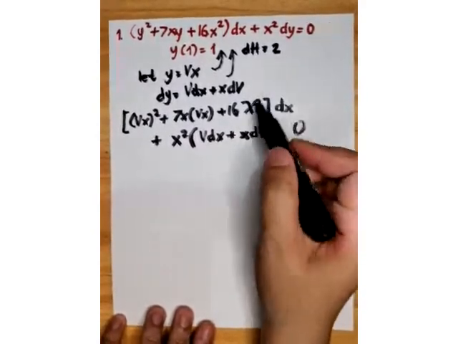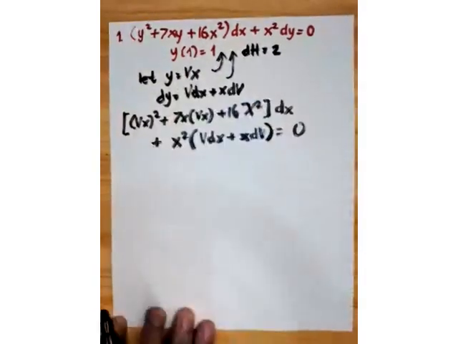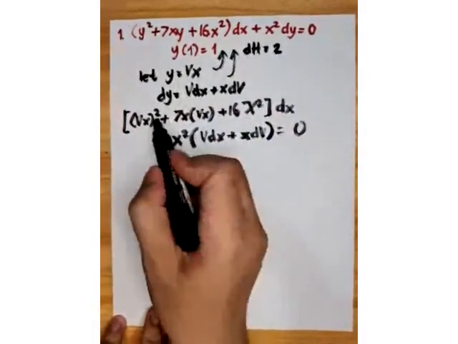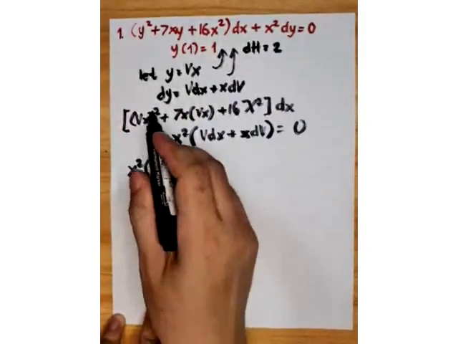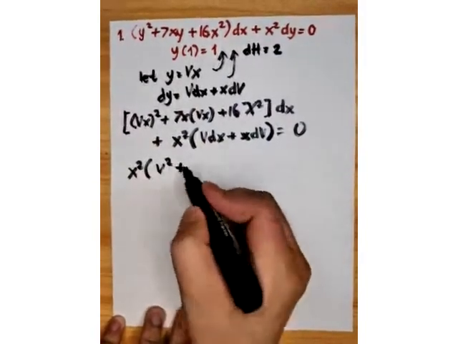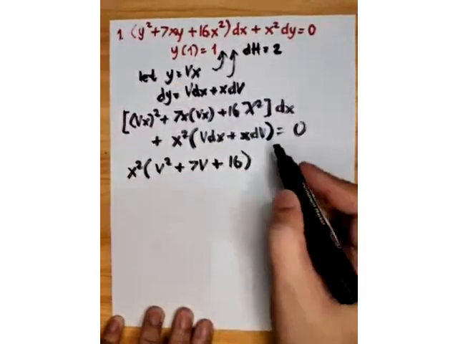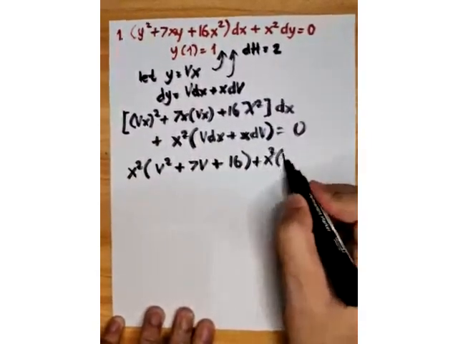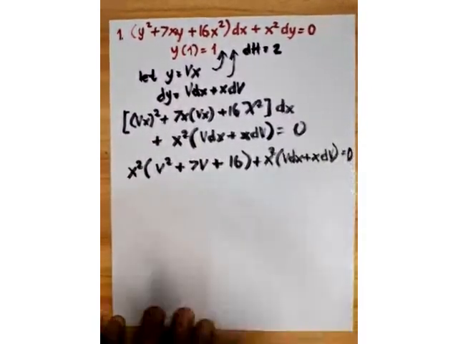We need to eliminate the remaining variable using the degree of homogeneity, which is 2. So we factor out x squared: x squared times (v squared plus 7v plus 16), plus x squared times (v dx plus x dv), equal to 0.